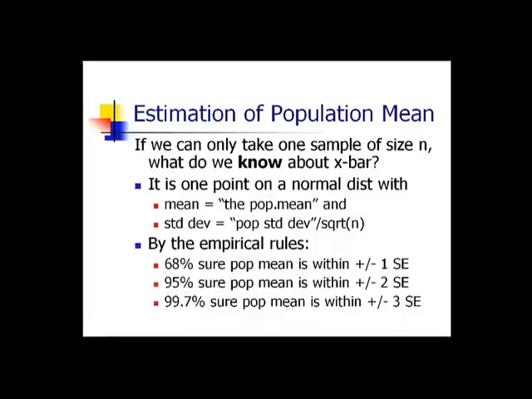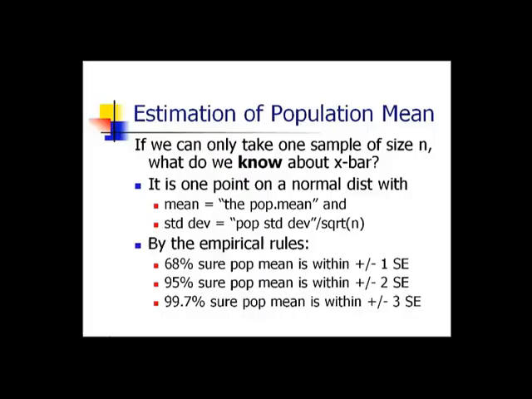We're 99.7% sure that the distance between the population mean, the thing we're trying to get, and this one sample mean that we have is within plus or minus 3 standard errors. So we can apply all the things we know about distributions that are roughly symmetrical to know some very important things about this particular population and how far away our actual sample mean is from the population mean.